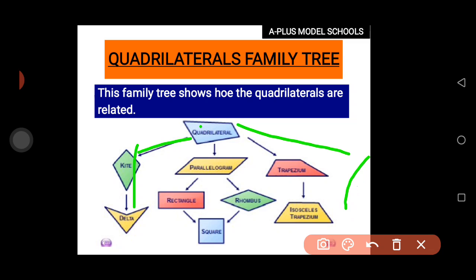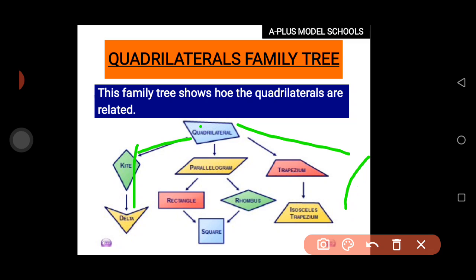It means there's a good relationship between parallelogram, rectangle, and a rhombus. We can also say here that a square is a rectangle. And we can say that a square is also a rhombus. But a rhombus is not a square. So you can see a square can be a rhombus, but a rhombus cannot be a square.